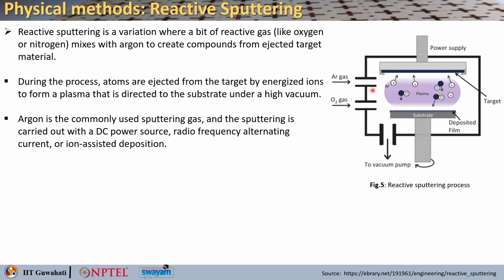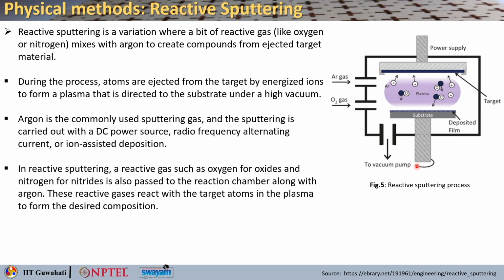So, normally argon is the commonly used sputtering gas, and the sputtering is carried out with DC power source, or you can also use RF alternating current or ion assisted deposition. Now, in the case of reactive sputtering, a reactive gas such as oxygen, if you want oxides, or nitrogen if you want nitrides, is also passed to the reaction chamber along with the argon.